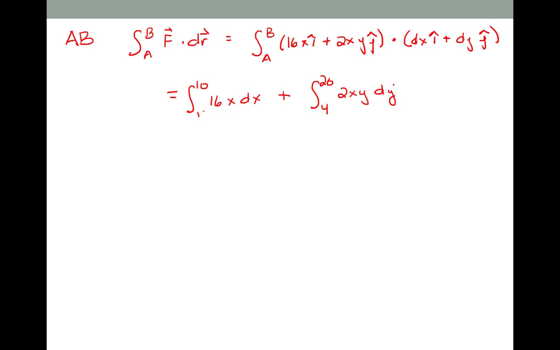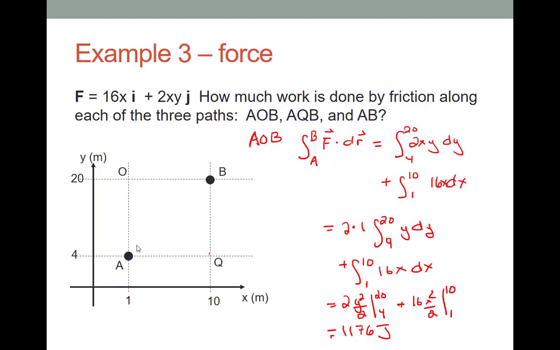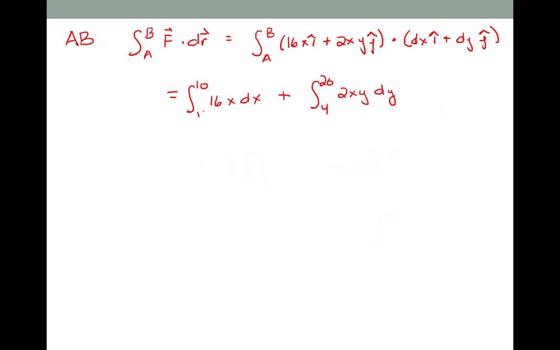Well, luckily for us, we're going along a linear path from A to B. I can use the rise over run to find the slope of this line, and then I can use a point on the line to find the y-intercept. That results in a slope-intercept form for the line of 16/9 x plus 20/9.